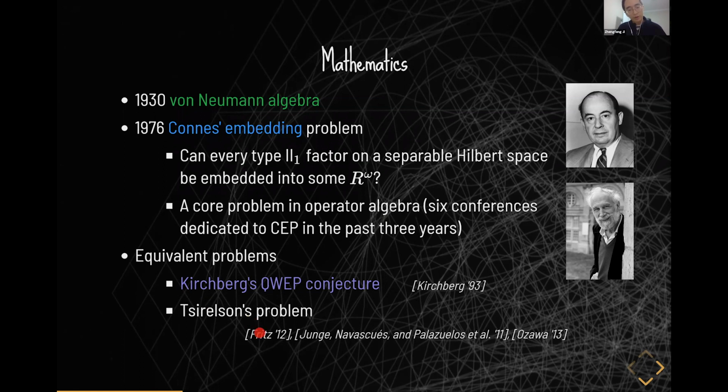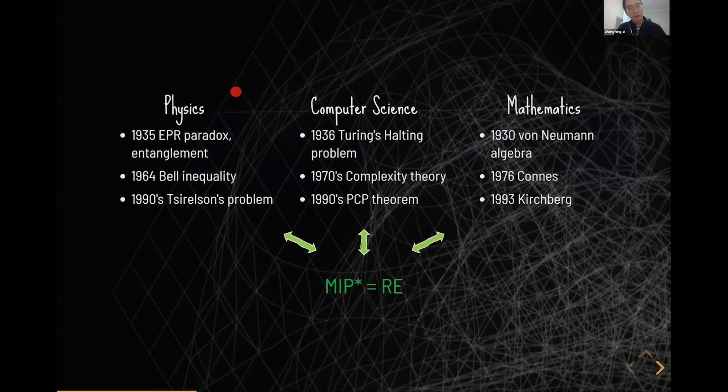In our community, people in quantum information theory and mathematical physics have proven that Tsirelson's problem and the Connes embedding problem are equivalent, so if one of them is true, so is the other. So that's what we have been talking about. We have listed several techniques from computer science, and we will use them, together with quantum information theory techniques, to prove problems in physics and mathematics.